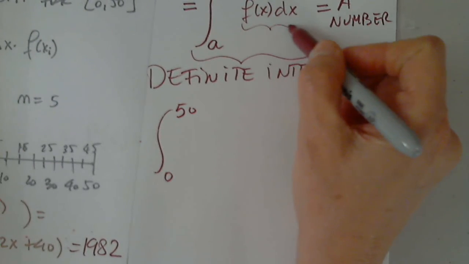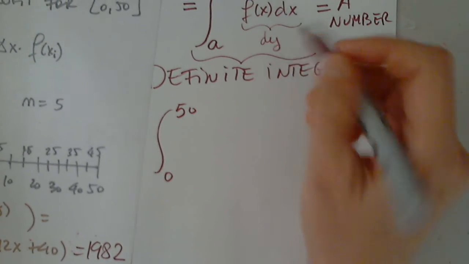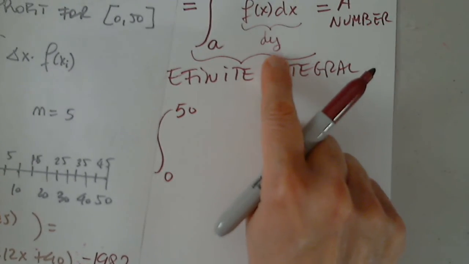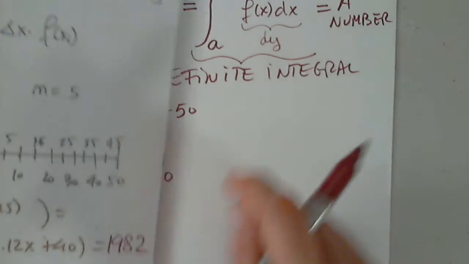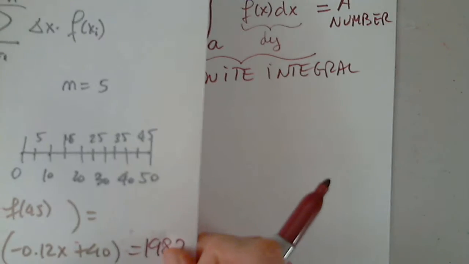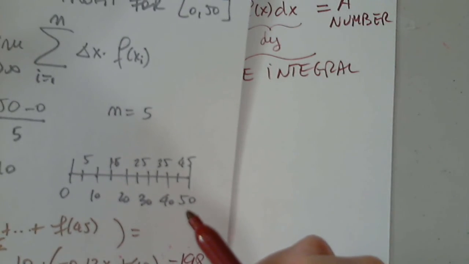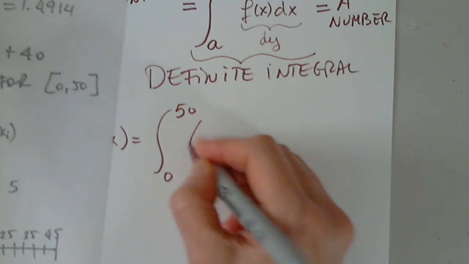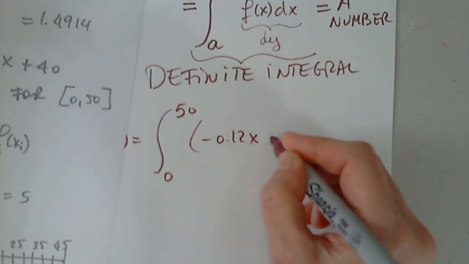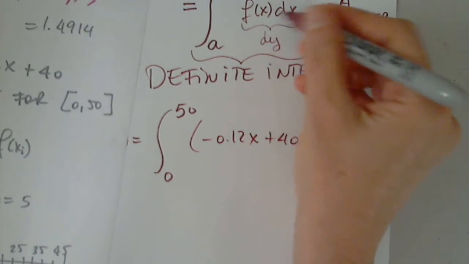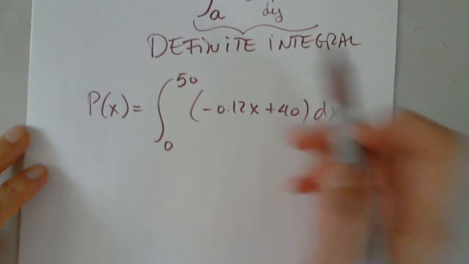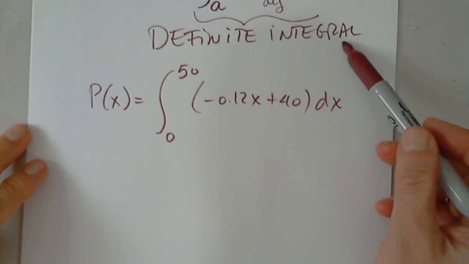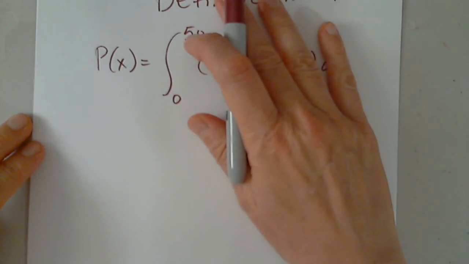Now you notice that this is the dy that we talked about, the differential of y, basically f prime of x dx. The function was negative 0.12x plus 40 times dx. The question is, how do we evaluate the definite integral?